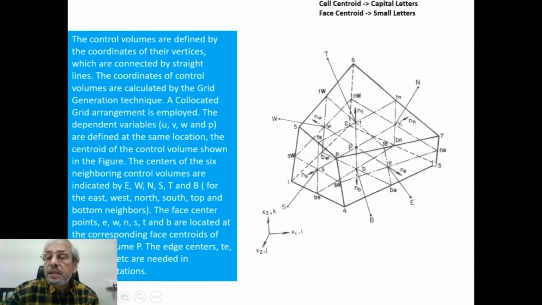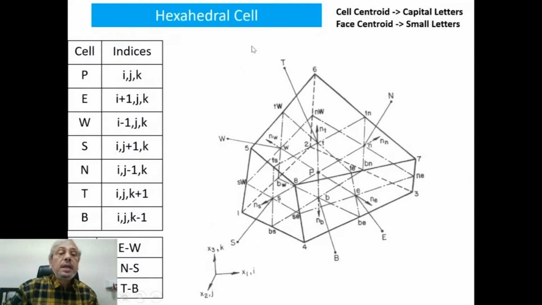Similarly, this center of the edge is given by NE. And so when we go for IJK indices, this is the cell of interest we are calling the P cell. So the indices are IJK.